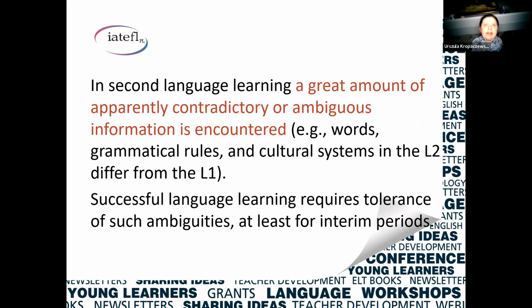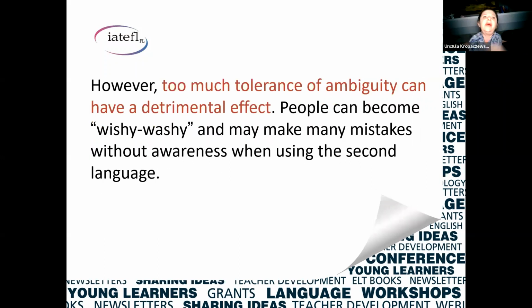Successful language learners and successful language teachers are those who are tolerant of new words, of new grammar rules, of new cultural things, of new places where they learn or where we teach. But of course, as I said, to some extent.